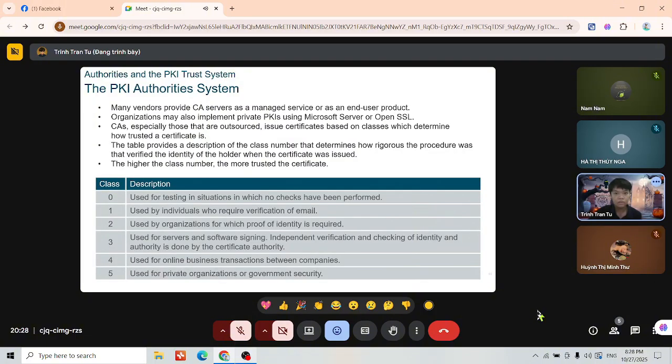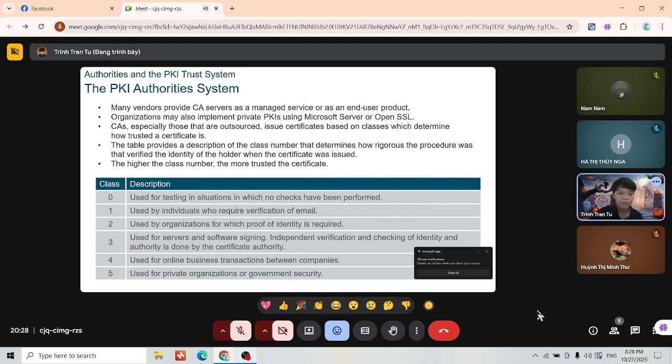And 6. The PKI authority system can be outsourced or self-deployed with Microsoft Server and OpenSSL. Certificates are categorized by trust level.